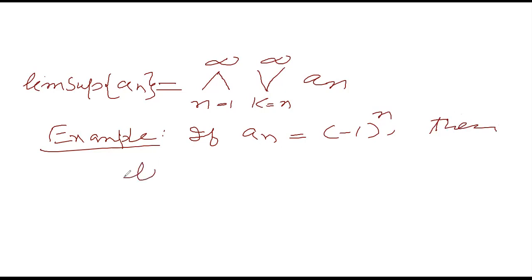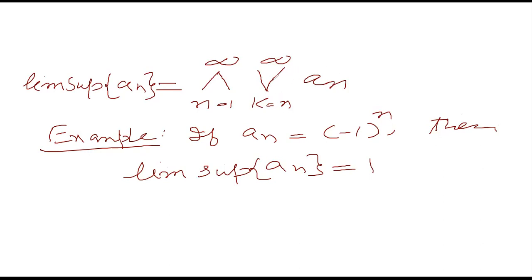You can easily verify this. It is 1 because first you are taking the supremum of a_k where k runs from n to infinity, that means it is the supremum of (-1)^k, which is equal to 1. And then you take the infimum of those, which is equal to 1.